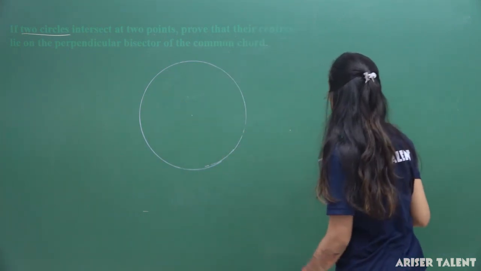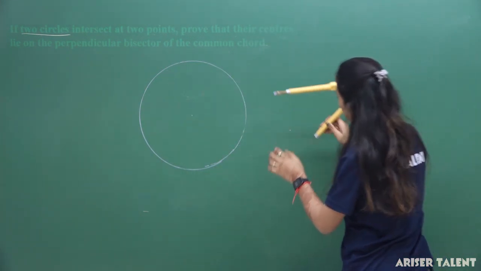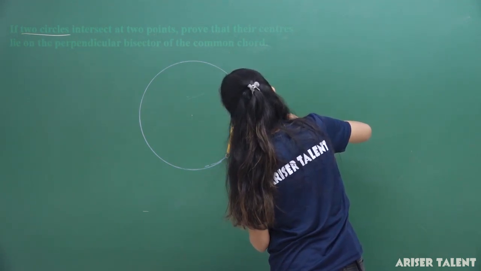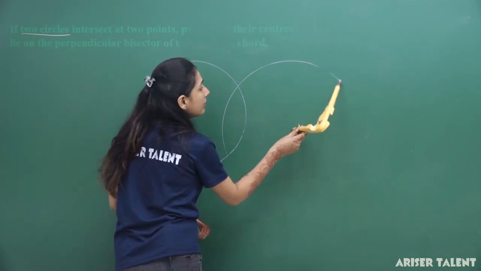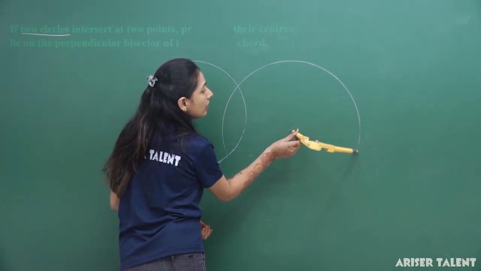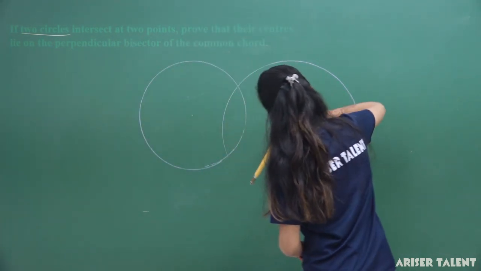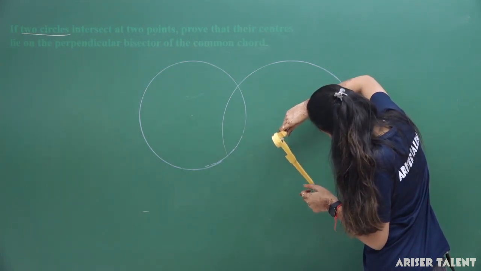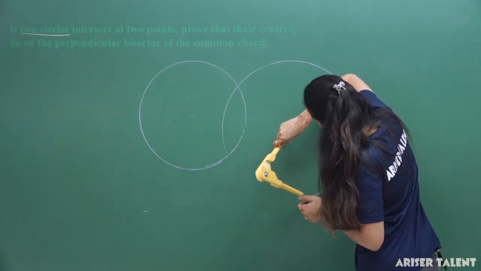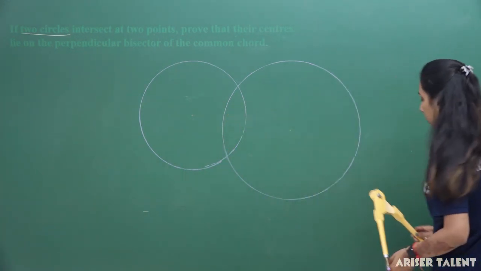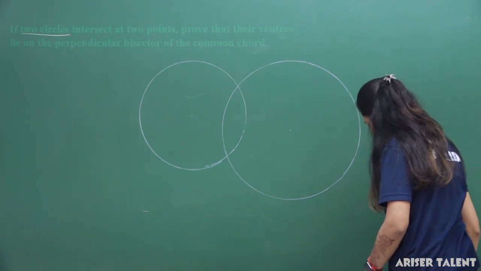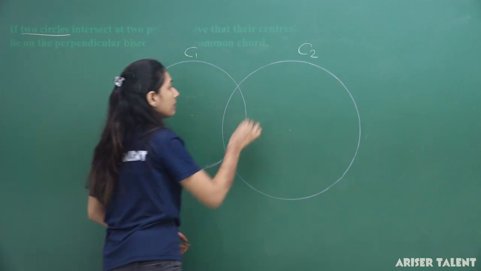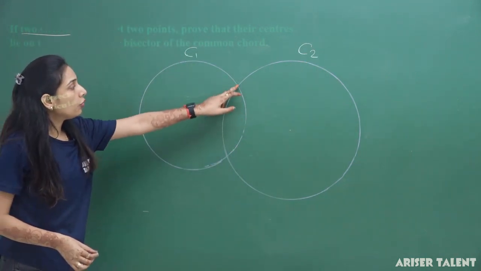So this is circle number 1, and for circle number 2 I am just adjusting the radius, because it is nowhere given that the radius has to be the same, the radii can differ. So I am having two different circles, but these circles are intersecting each other. So this is the circle C1 and this is the circle C2. These are the 2 points.